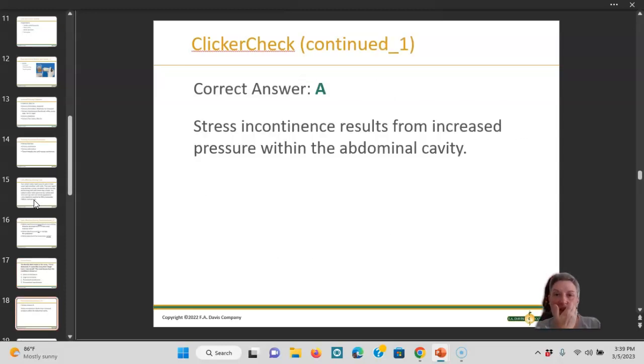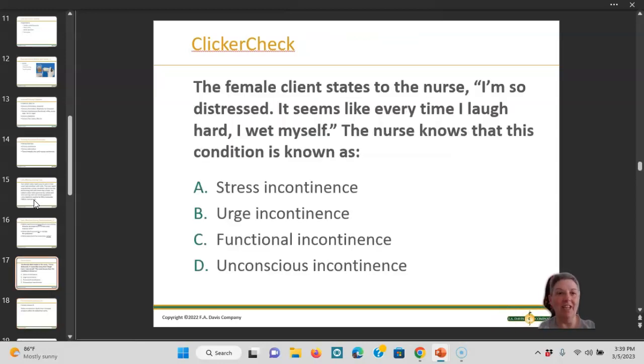So, stress incontinence results from increased pressure within the abdominal cavity. So it's not that you're under stress, it's that you're putting your bladder under stress. So every time you laugh, every time, right?